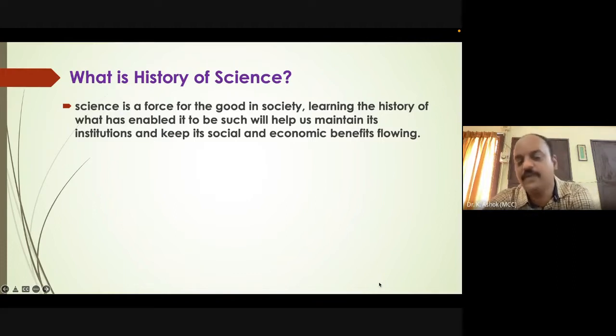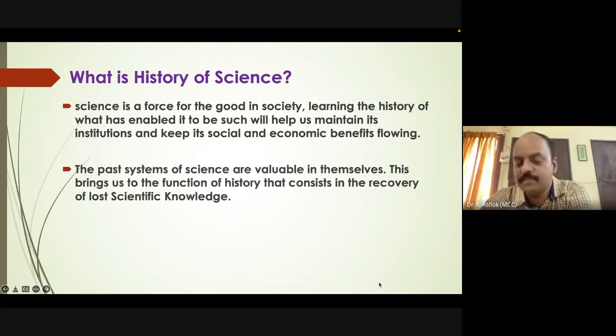We all know, if there is no electricity, how the world will be. Electricity is a product of science. And knowing about the discovery or the invention of electricity helps us to know about the social and the economic benefits.